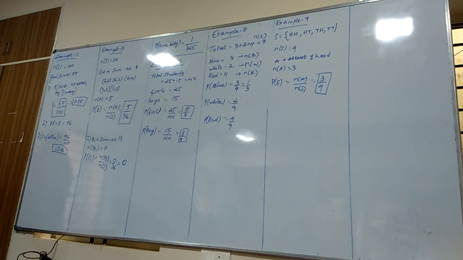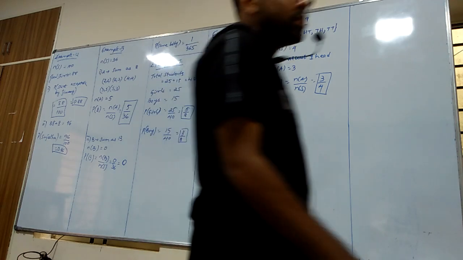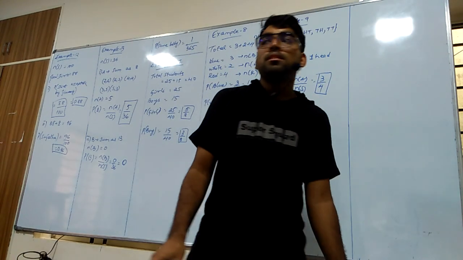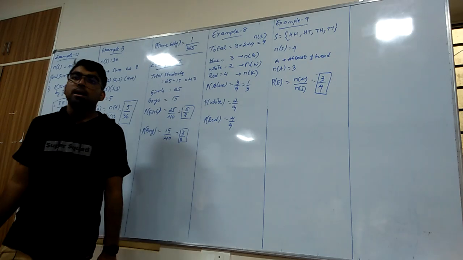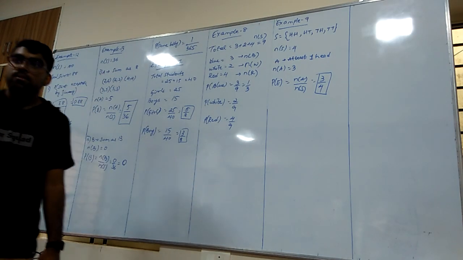Two numbers will be equal to or less than 12. The last pair is 6, 6, which is equal to 12. All other pairs are less than 12.